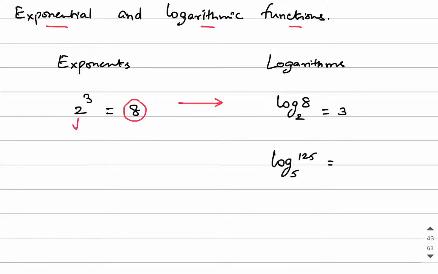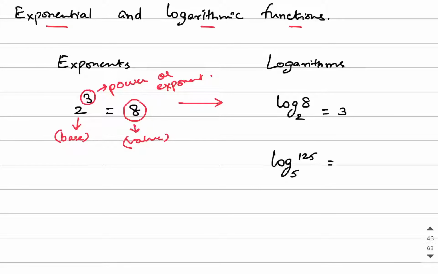So look at the meaning of it. Here 2 is called the base. The base 2, when it is multiplied with itself 3 times, that is the power, or we call it the exponent, gives a value, and the value is 8. You are doing the reverse operation.